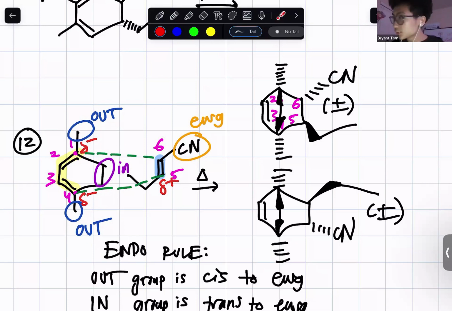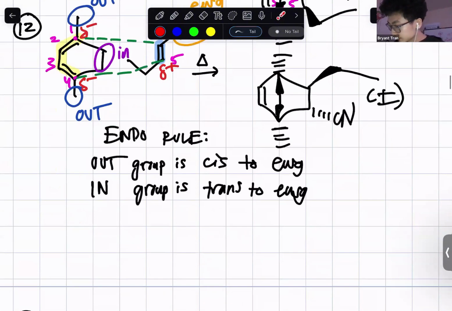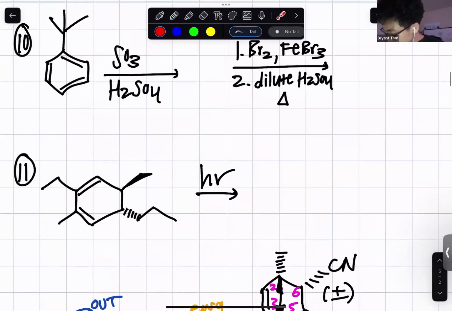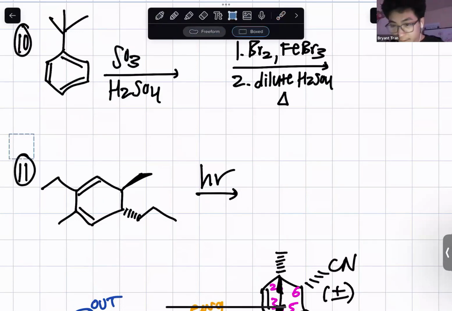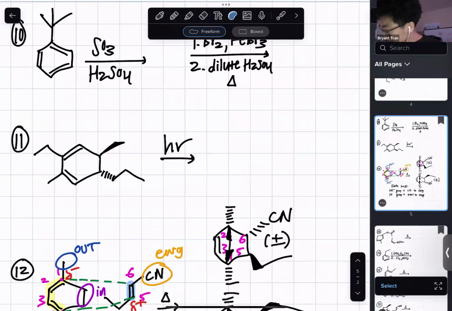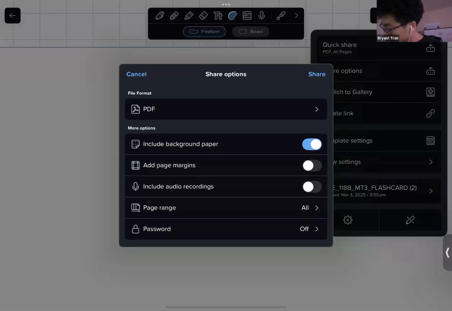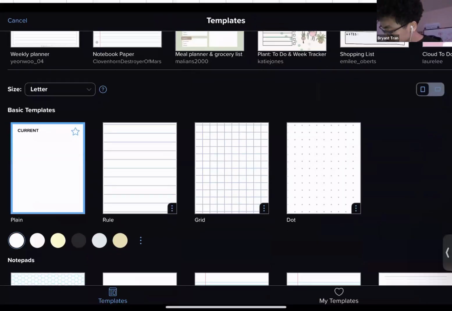Okay, so let's go over conrotatory and disrotatory reactions. So this is one example right here, number 11. So there's a chart that I use for these conrotatory, disrotatory reactions, right?